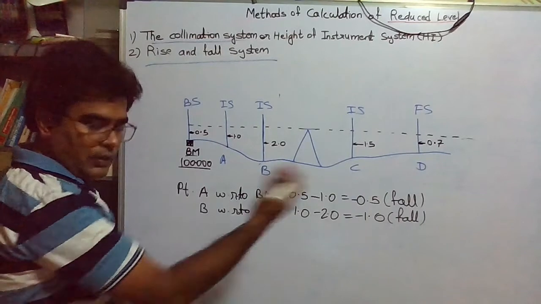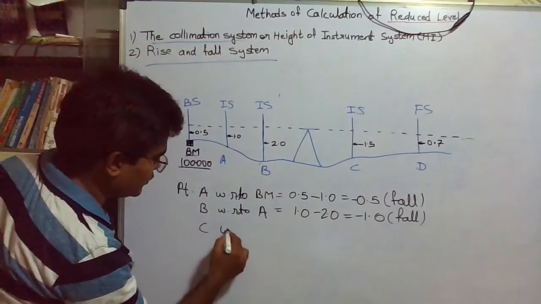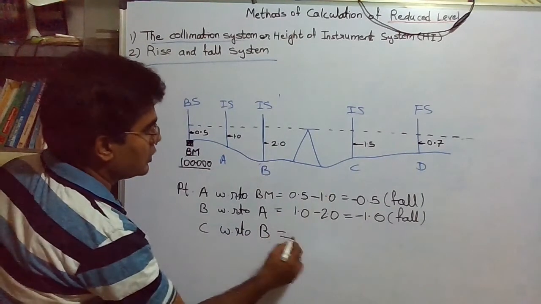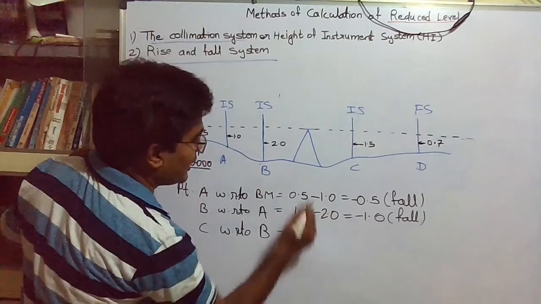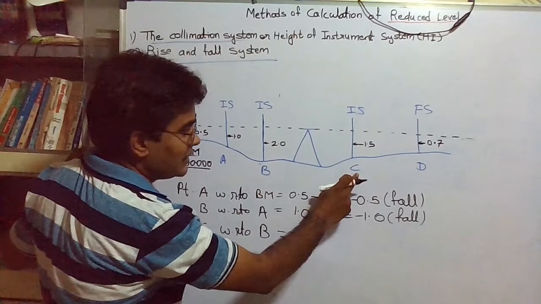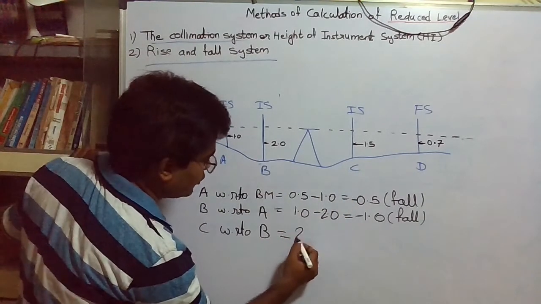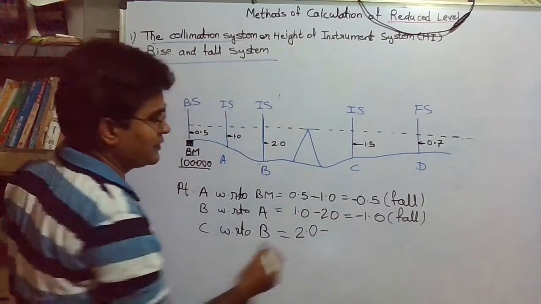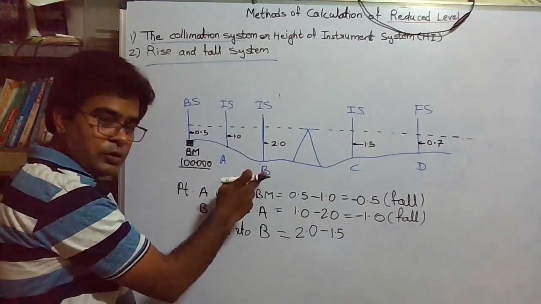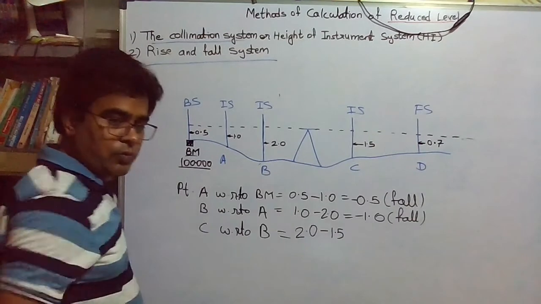So let us compare the next point C with respect to point B. What is the staff reading at point B? 2.0 minus 1.5. Here we always subtract the reading at the preceding point minus the reading at the forward point.